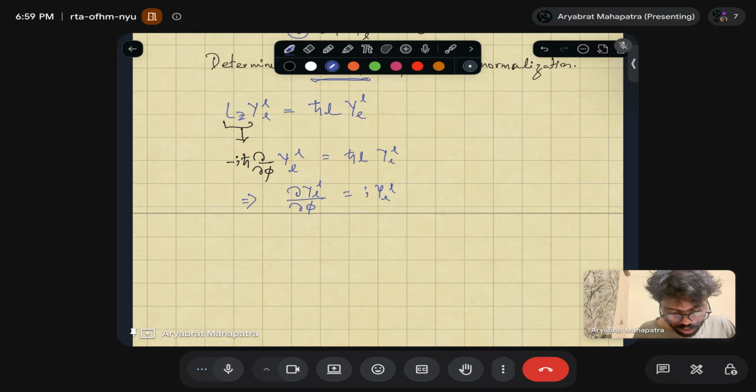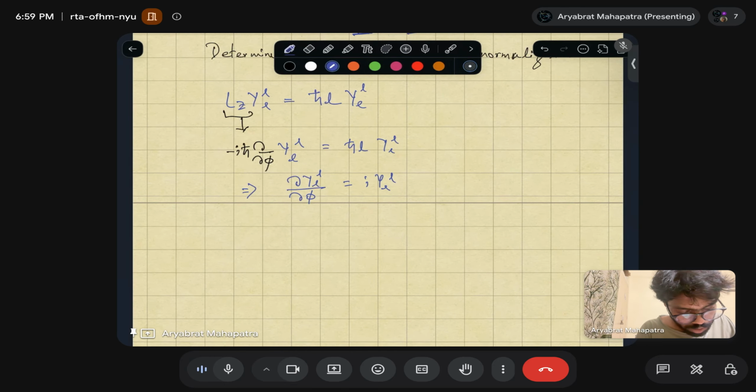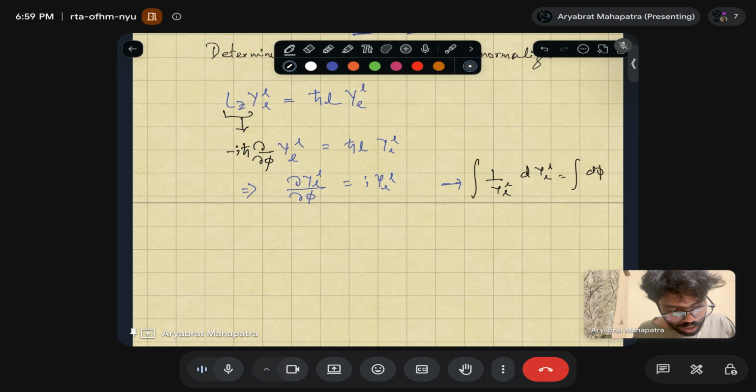The same here: if you do simple variable separation, you get something of the form 1 over Y_l^l, dY_l^l, and you are integrating with respect to d phi with some constant.